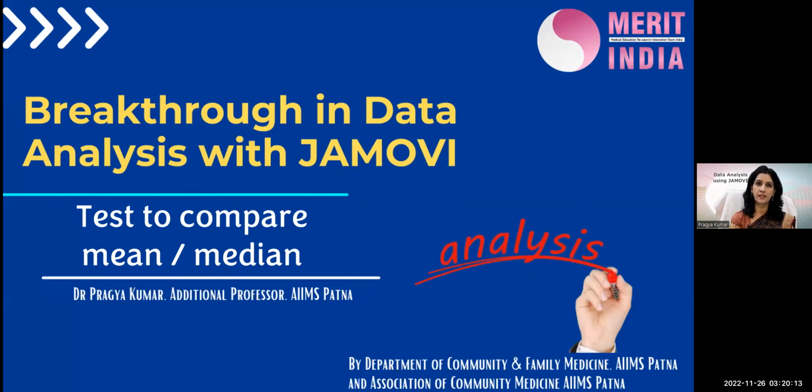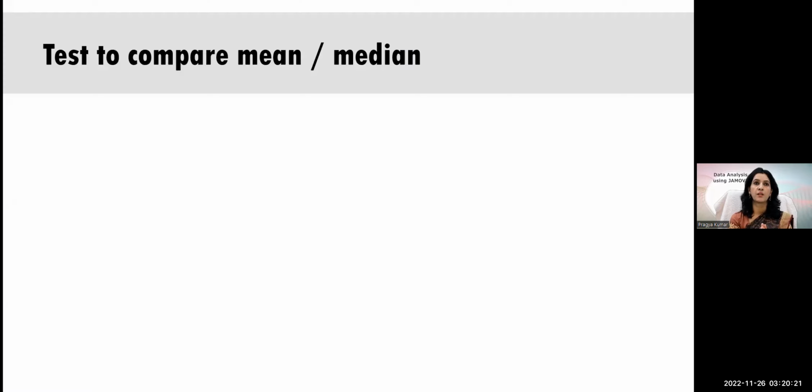So today's session is on comparison of mean and median between two different populations. So what are the tests to compare mean and median? Till now, we did the descriptive statistics. Then we did the association, where we did the chi-square test of association.